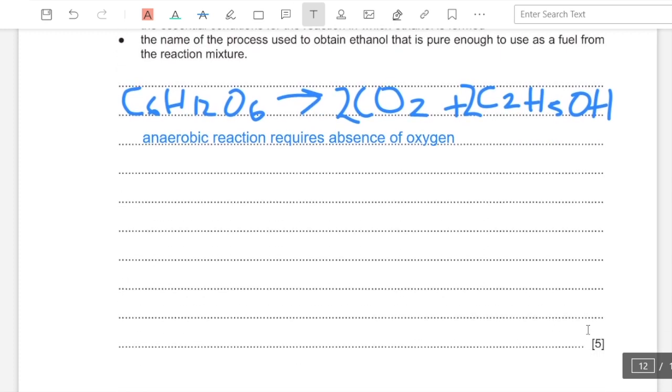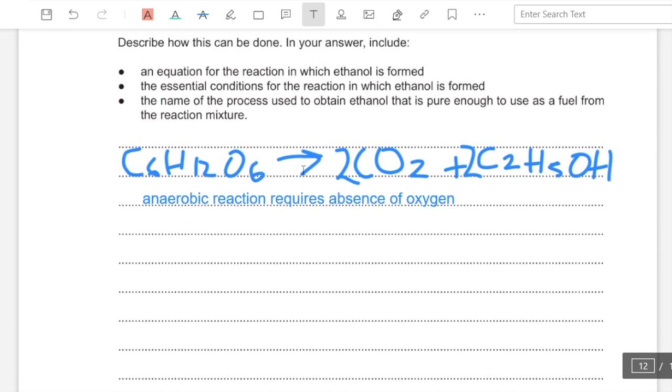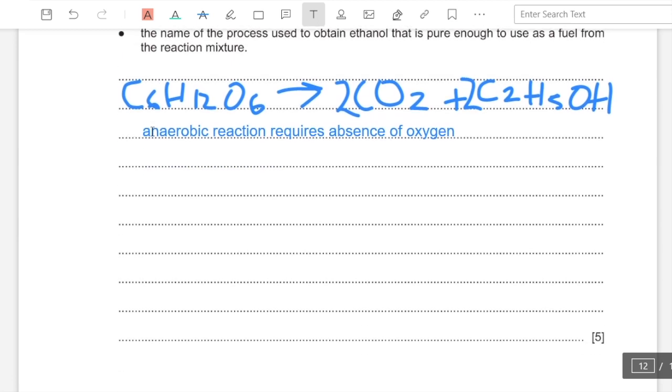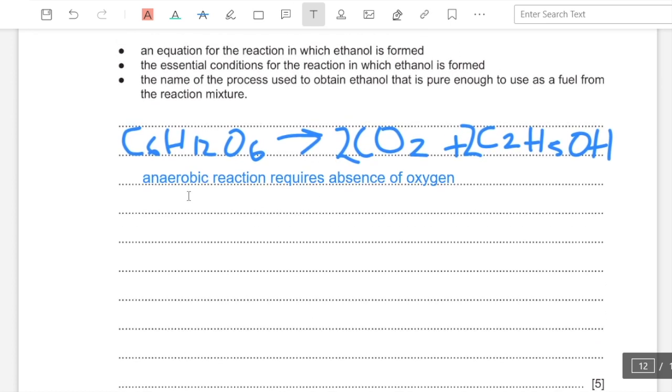As you can see over here, this question is of 5 marks, which means 1 mark for the equation, 1 mark for the name of the process, and since these conditions is plural, that means it has to be at least 3 points to gain the rest of the 3 marks from 5. So here I have written one of the conditions. The other requirement is presence of yeast. So yeast is also required along with a temperature higher than 30 degrees Celsius.